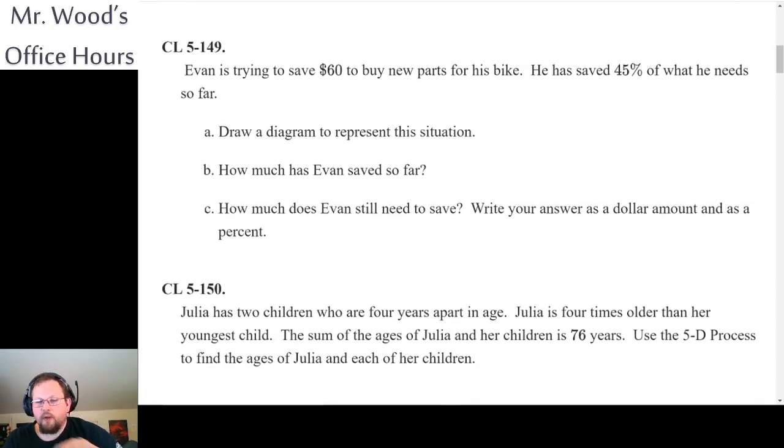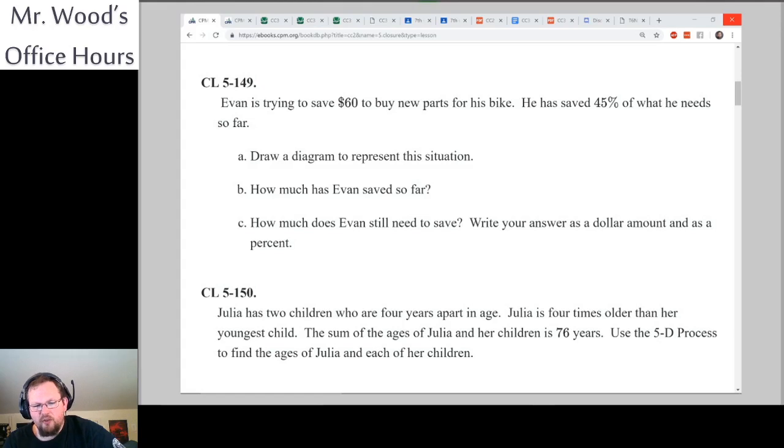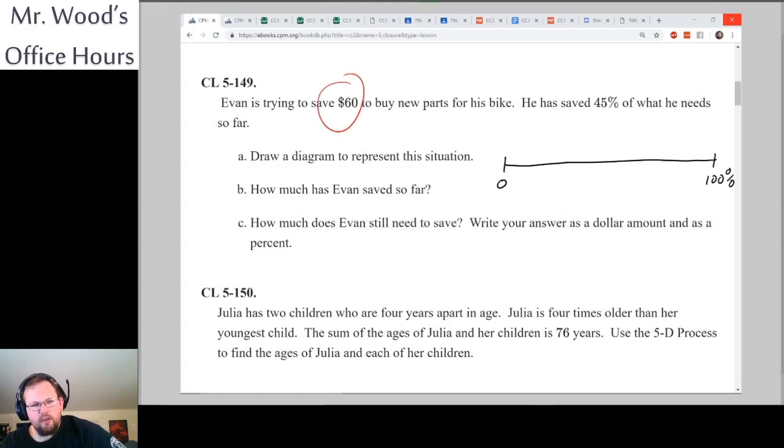The diagram that could represent this, if you wanted, is the percentage number line thing that we talked about for a while, where in the scale of 0 to 100%, right, his bike's total cost, he's trying to save a total of $60, which means that this is my total of $60.